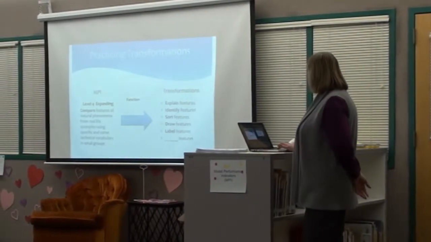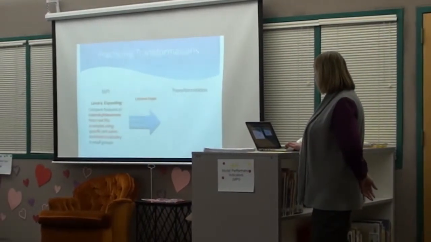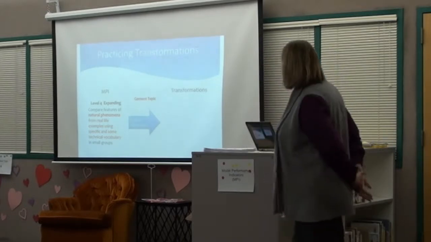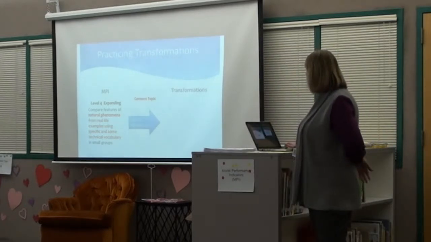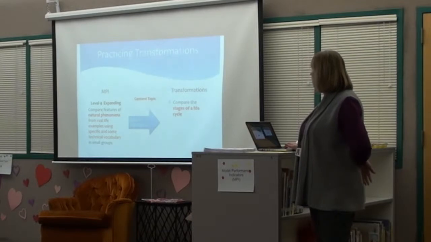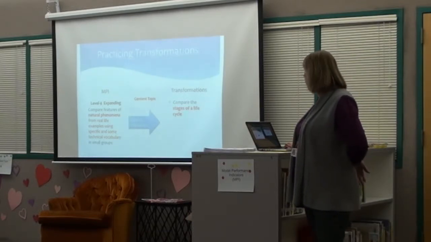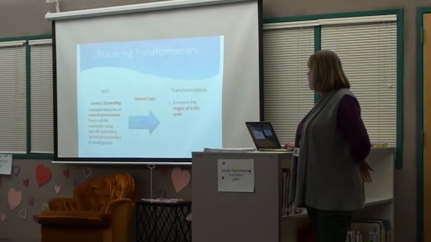Let's go to the Utah Core. Now we're doing natural phenomenon, and we're going to transform that. Notice compare is the same because the only thing I'm transforming now is the content topic or the core. So I'm going to change that to stages of a life cycle.